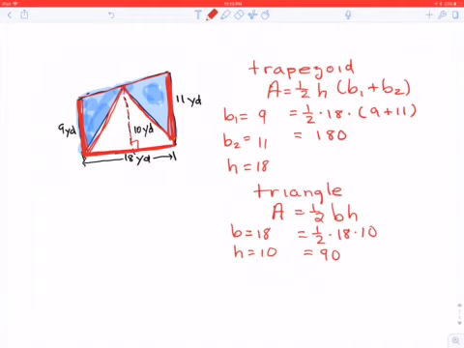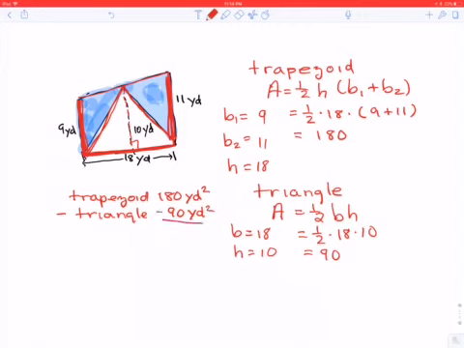That's 90. So I'll take the area of the trapezoid, which is 180 square yards, because we're in area, and I'll subtract the area of the triangle, which is 90 square yards. So the shaded region would be 90 square yards.